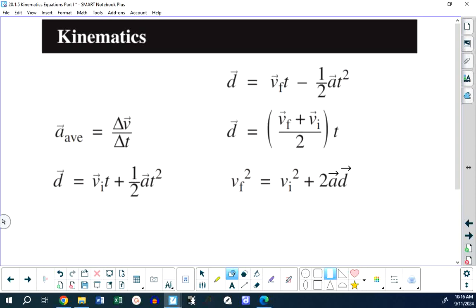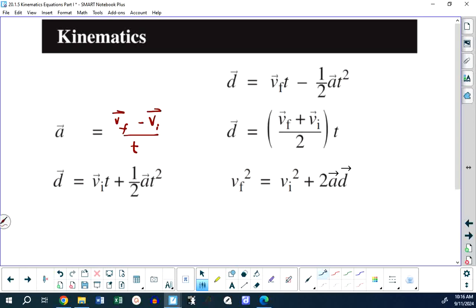Secondly, you know, of course, that until you're told otherwise, we don't need to concern ourselves with an average for acceleration. And I think it's better to always think of this as Vf minus Vi over t.